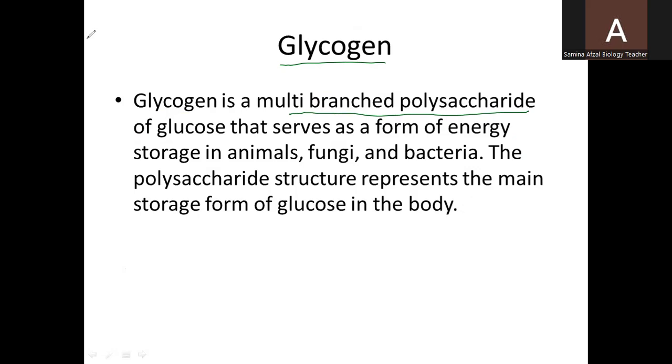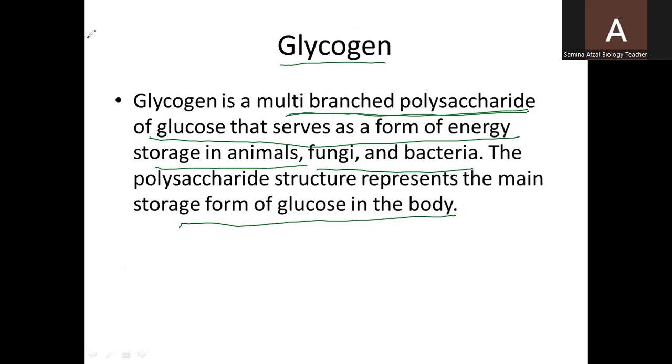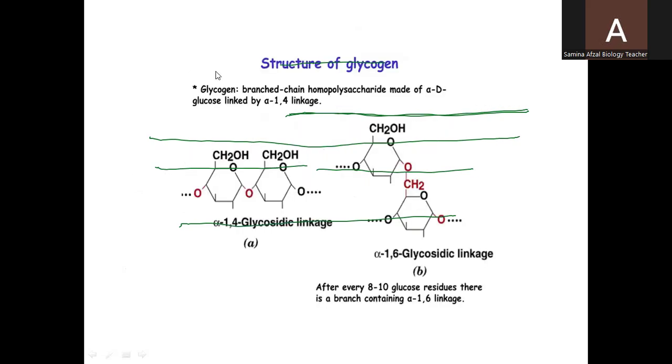So it is a multi-branched polysaccharide of glucose that serves as a form of energy storage in animals, fungi and bacteria. So the polysaccharide structure represents the main storage form of glucose in the body. Both of them are energy storage, but they are present in animals and in plants: starch in plants and glycogen in animals.